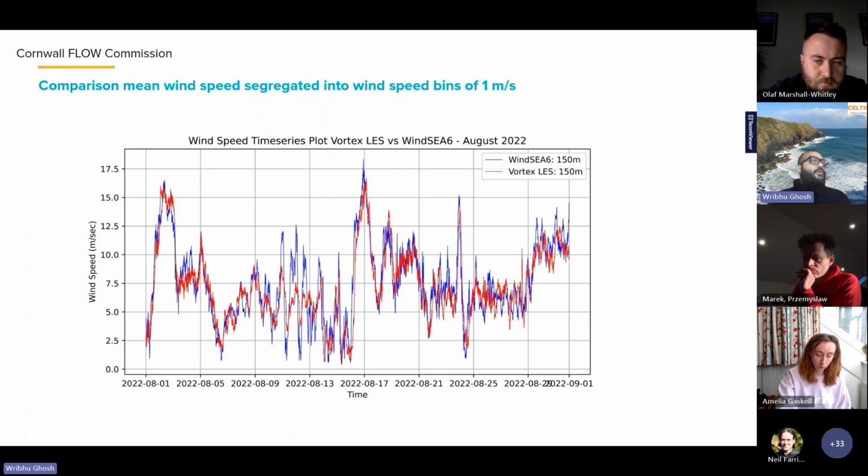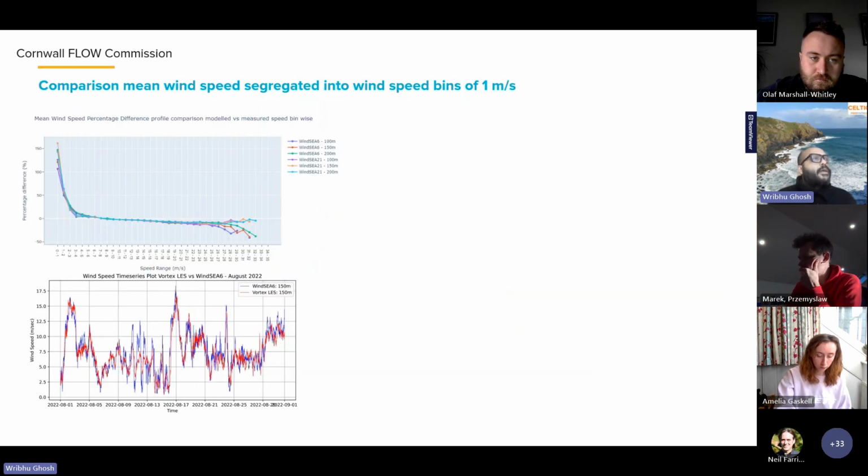This is a time series plot which demonstrates a similar behavior, where the red one is the model and the blue one is the measurement. You can see in these areas the model is not only under predicting highs, it's also over predicting lows. We just put 1 month of time series here, but similar observations are seen throughout.